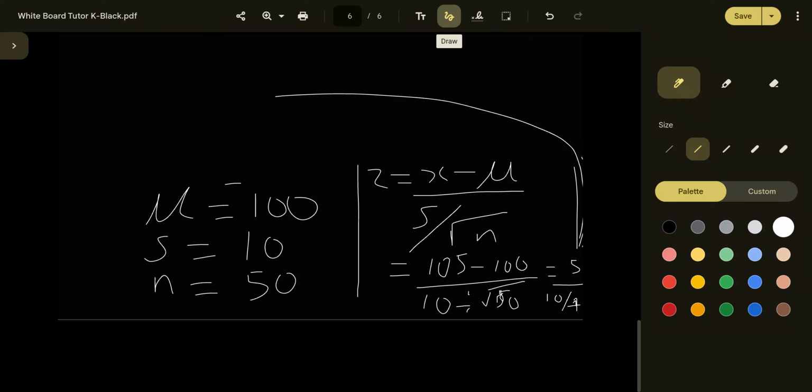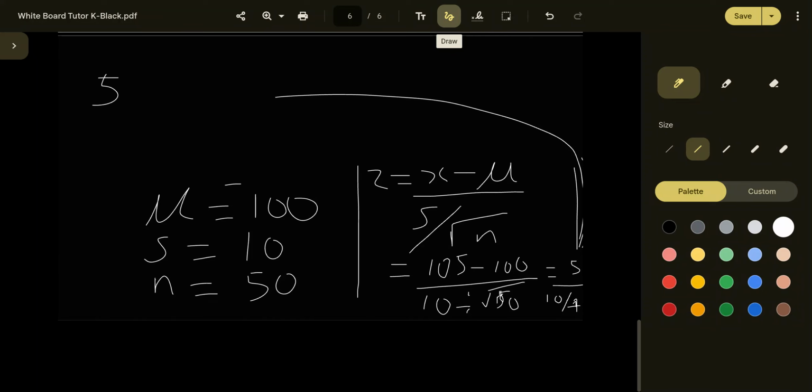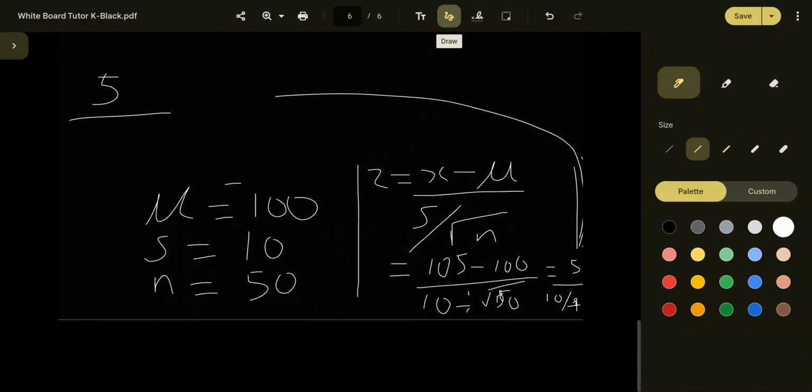So there we have 5 divided by 10, which is also divided by 7.07, and this will give you 5 over 1.414, and this will give you 3.536.